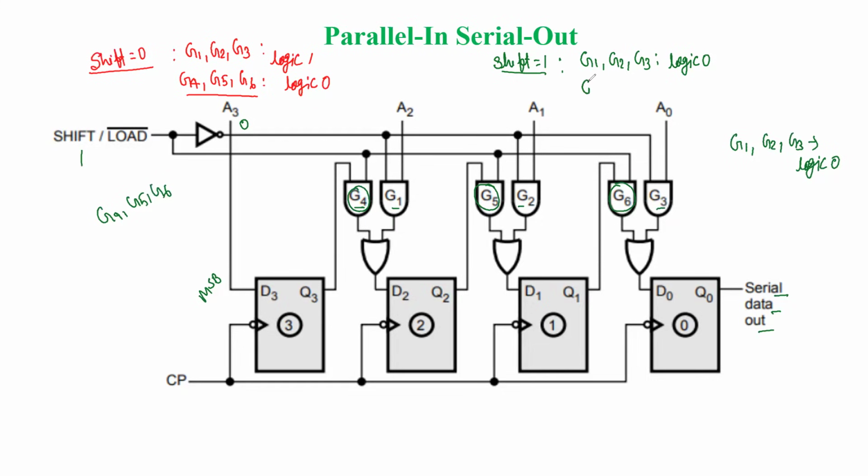And at this time, AND gates G4, G5 and G6 are enabled, which is going to produce the output logic 1. So in this situation shifting will take place, and when shift is equal to 0, loading is going to take place. Data will be loaded at the input of the flip-flops, and when shift is 1, shifting is going to take place.